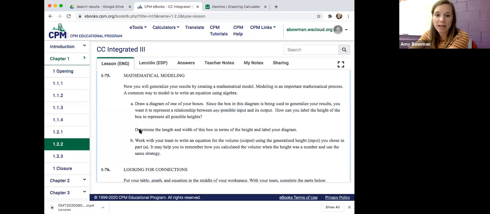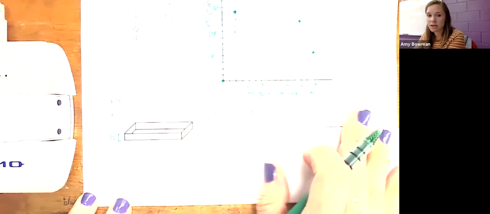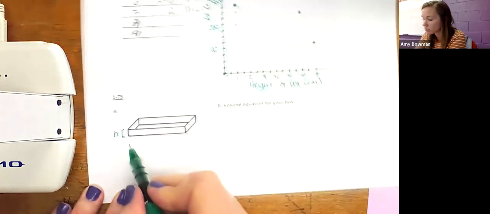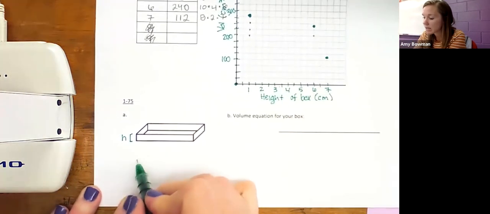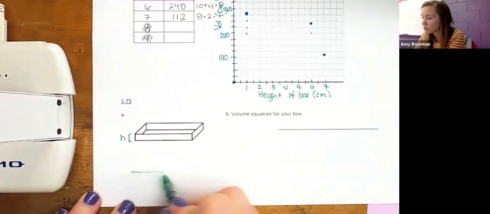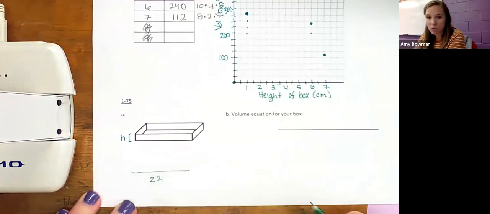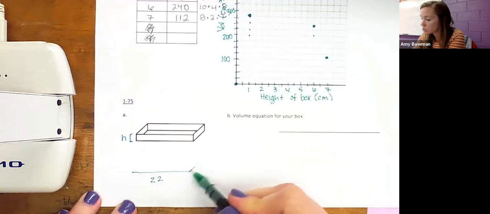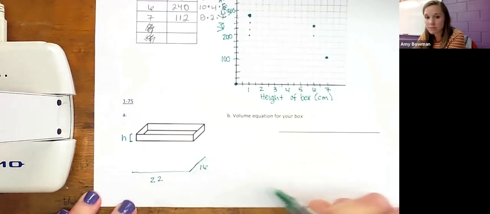So the next part of part A says, determine the length and width of our box in terms of the height, h. So let's think about what that means. Let me go back to my camera here. Originally, we were talking about a length where this long side was 22, and this shorter side was 16 centimeters.